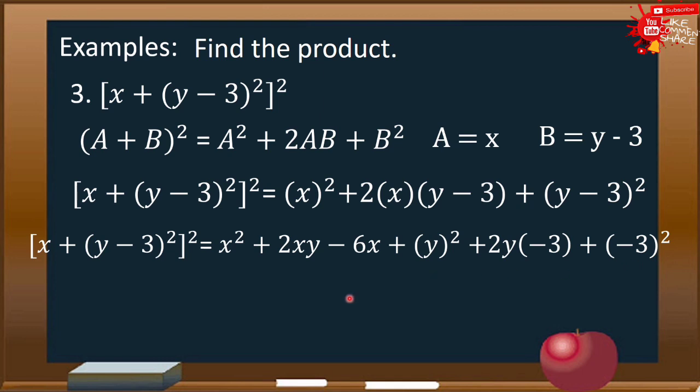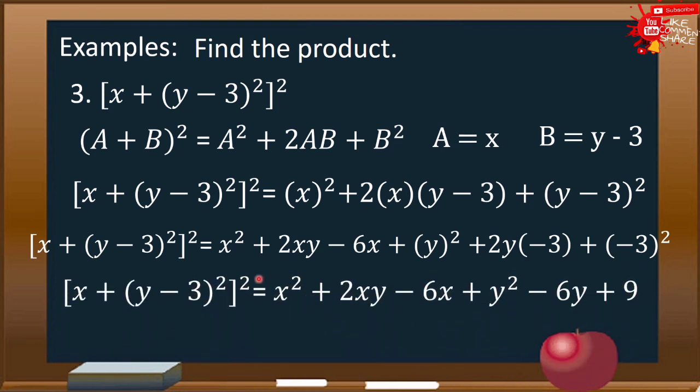Then again, let us simplify. So we just copy. We have here x squared plus 2xy, then minus 6x. Then what is the simplified form of the square of y? So we have here positive y squared or plus y squared. Then multiply this, so 2y times negative 3, so we have here negative 6y. Then plus the square of negative 3.